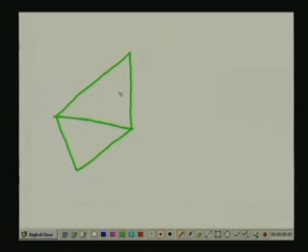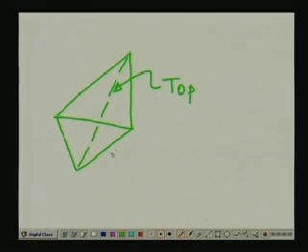So, this is the top surface of the sliding wedge, and the bottom surfaces of the sliding wedge are actually not visible from this angle. I am drawing an isometric here. So, these are the two bottom surfaces.